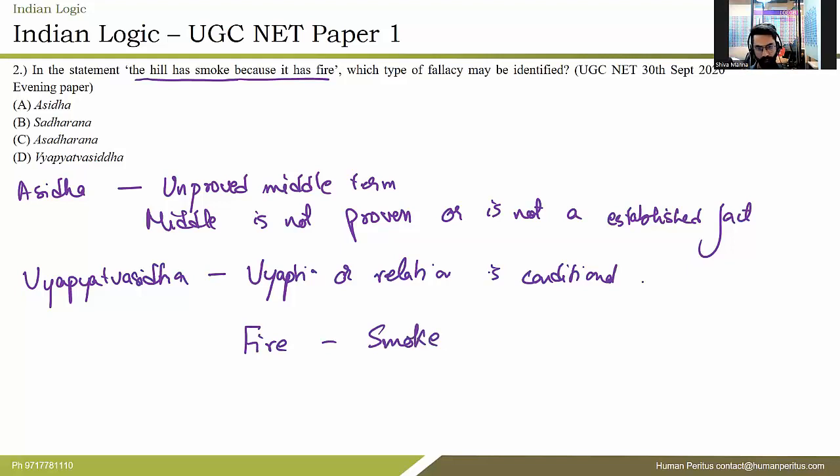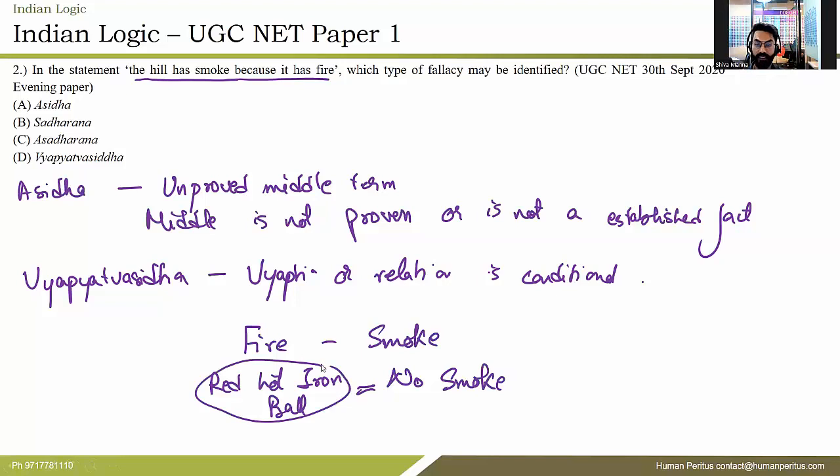But have you ever seen a red hot iron ball? It has no smoke. So what has actually happened? The relationship between fire and smoke has become conditional. In this case also there is fire, but there is no smoke. So the condition has changed.